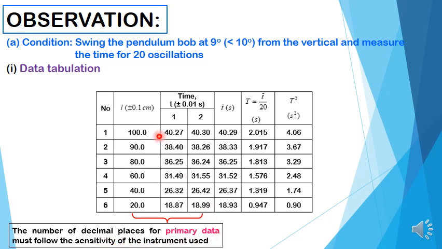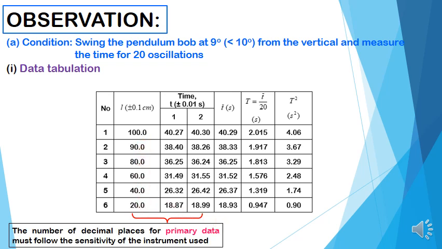The length of the string was measured using meter stick, and the sensitivity of the meter stick is plus minus 0.1 cm, and it consists of 1 decimal place. Therefore, the length of the string that recorded also consists of 1 decimal place.